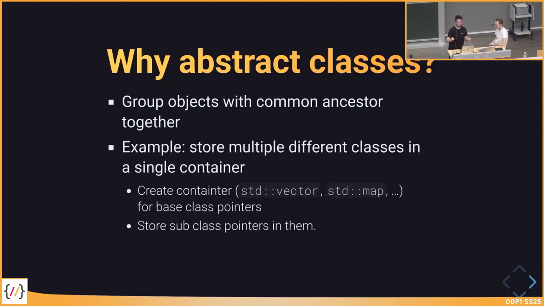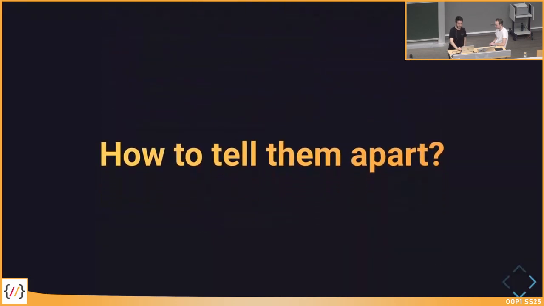For example, you can store multiple derived classes in one vector or one map, as you heard just before. Important to note is you can only store base class pointers, because you can't store the base class objects themselves, because as you remember, we can't create them, so they don't exist. Again, here it only works with pointers.